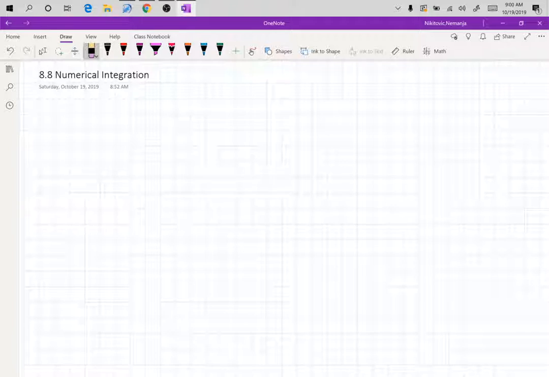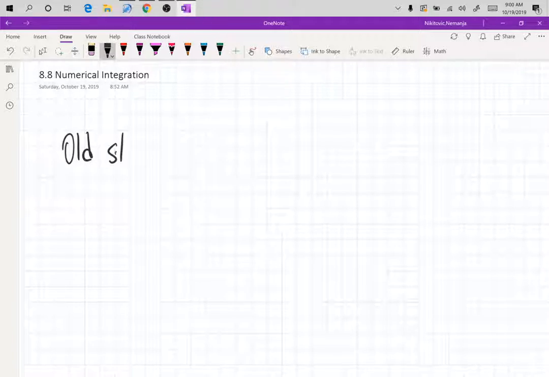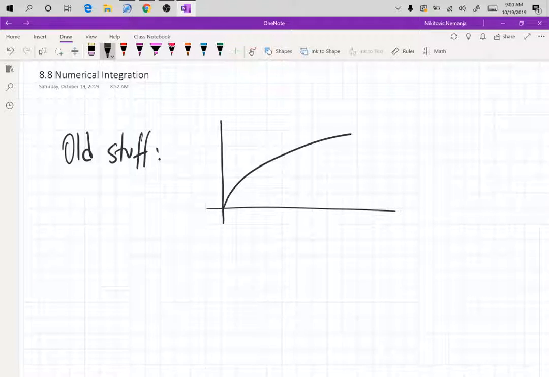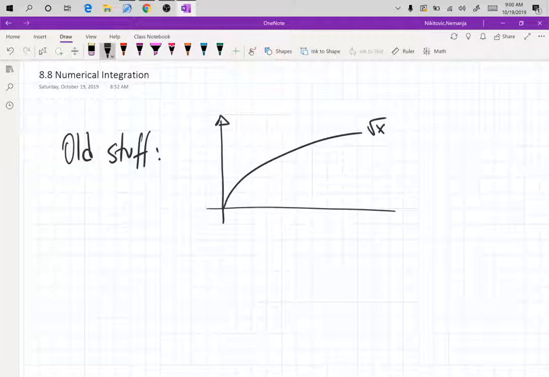So this is what you did. I'll label this as old stuff. How about that? Old stuff. So you took some kind of a function. In this case, we can say square root of x.